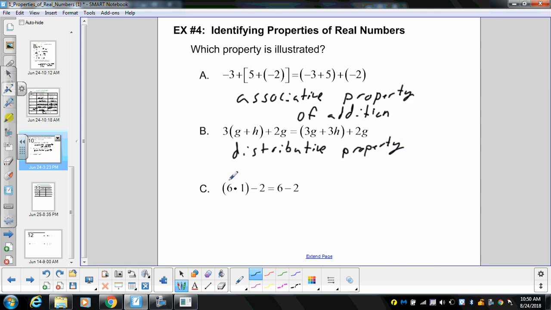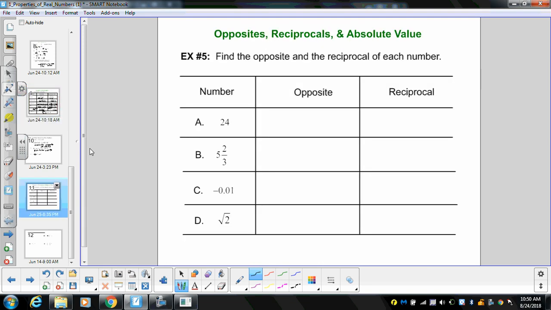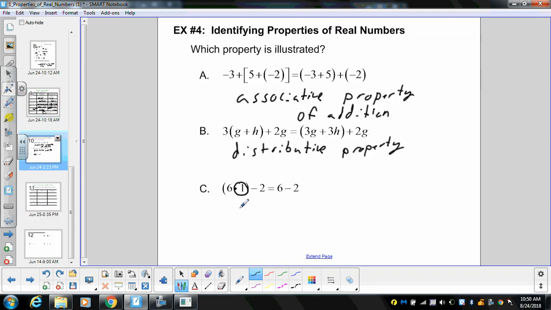And now we look at this one. We have 6 times 1 minus 2 and 6 minus 2. So what we see is we have something that's being multiplied by 1. Right? So we come over here, and the only thing that we saw multiplied by 1 must be the identity property. Ooh, too far. The identity property of multiplication.